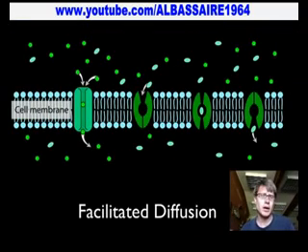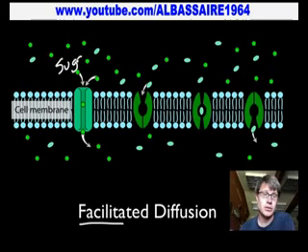An example of diffusion where we still don't require energy, but we do require protein, is something called facilitated diffusion. So an example of this could be if we're moving what looks like sugar molecules right here, but we're moving them through a protein that has a different conformation.